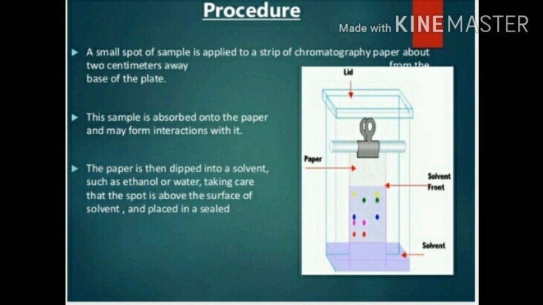A small spot of sample is applied to the strip of chromatography paper about 2 centimeters away from the base of the plate, and this sample is absorbed onto the paper and may form interaction with it. The paper is then dipped into a solvent such as ethanol or water, taking care that the spot is above the surface of the solvent, and placed in a sealed jar.